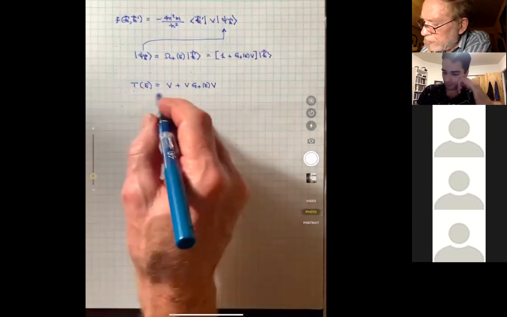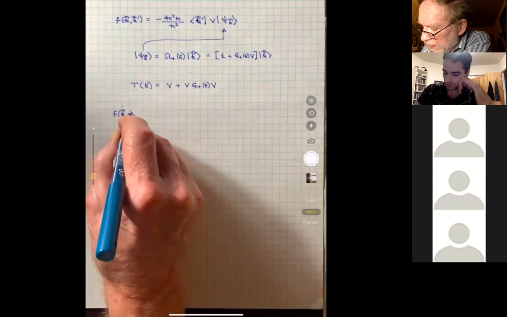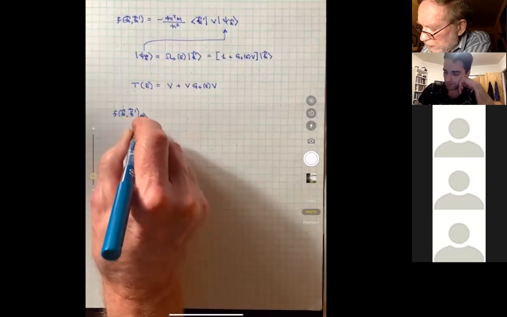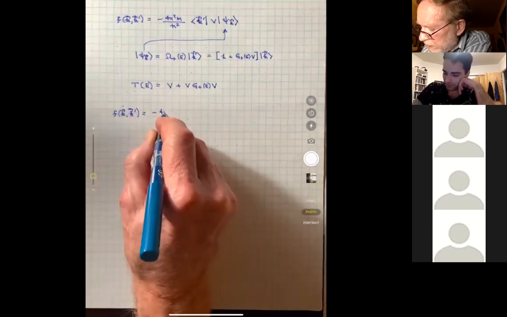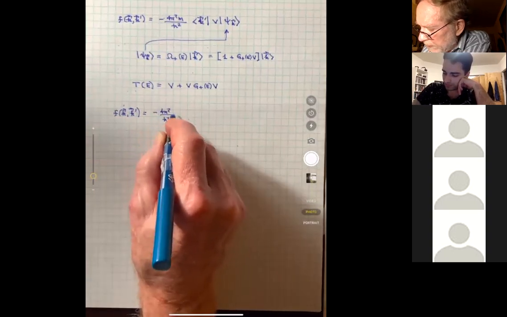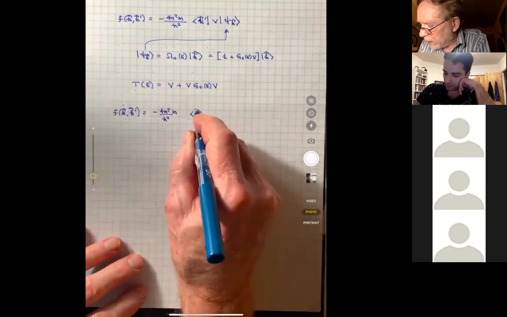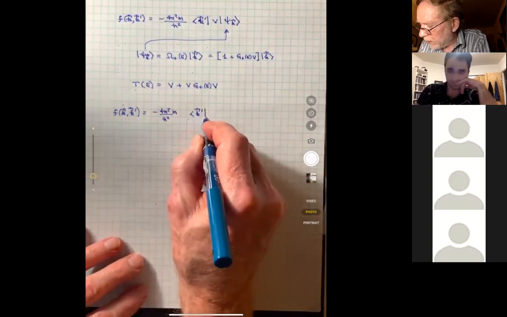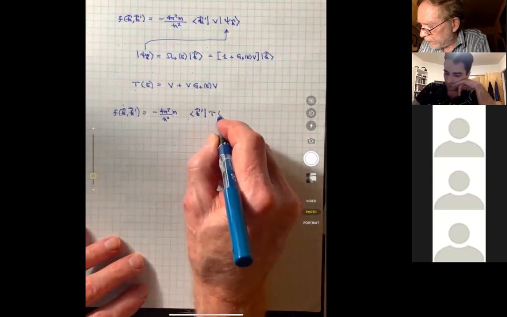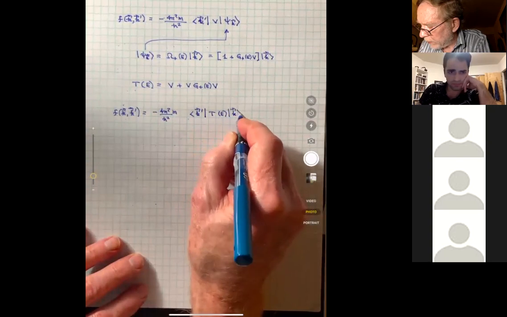Now, if I make this definition, then the formula for the scattering amplitude is really the same, but it looks more symmetrical now. The same prefactors in front, minus 4 pi squared over h bar squared times the mass m. But now what we've got is a matrix element between plane waves, the outgoing wave on the left, the T operator in the middle, and the incident plane wave on the right.